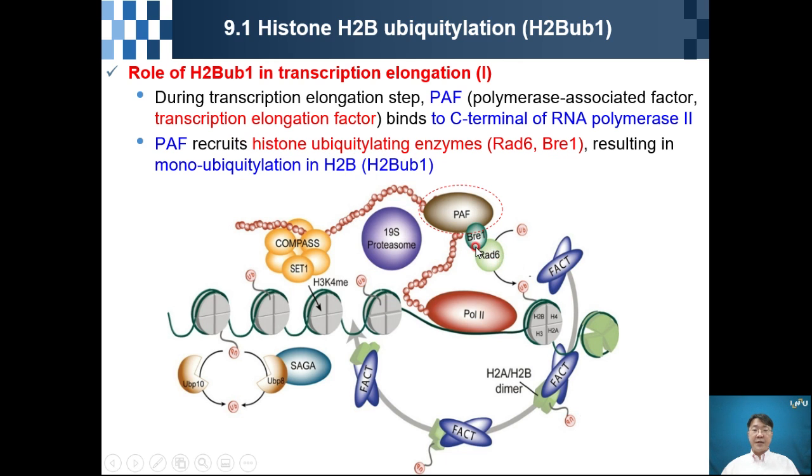RAD6 functions as the E2 and BRE1 functions as the E3. So once again, PAF recruits the histone ubiquitylation enzymes RAD6 and BRE1, resulting in monoubiquitination, especially on H2B. They will make H2B-UB1 like this.